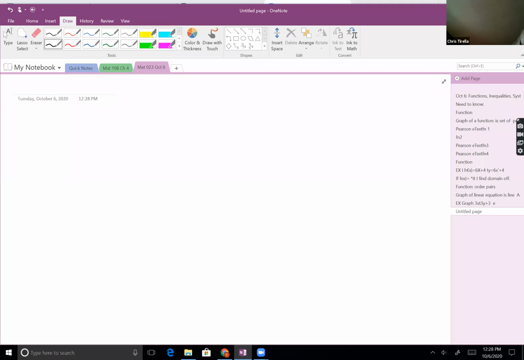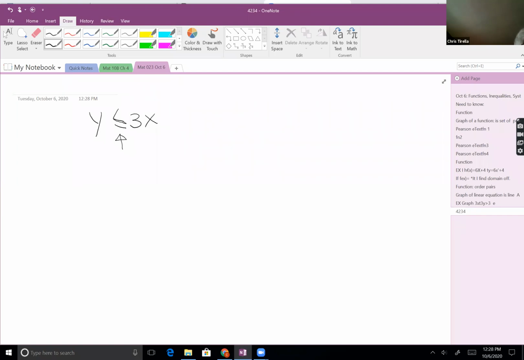So next one, let's look at y is less than or equal to 3x. Now I'm looking at that symbol. Is this going to be a solid line or a dotted line?